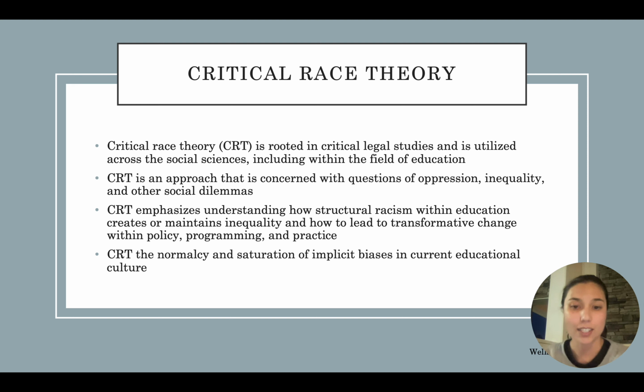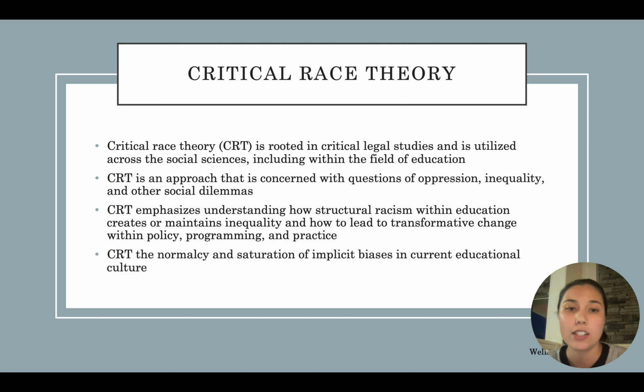One theory that is really good for recognizing and helping fight or helping with anti-bias teaching is critical race theory. CRT is rooted in critical legal studies, and it's utilized within the field of education. It's an approach that's concerned with the questions of oppression, inequality, and other social dilemmas within education.